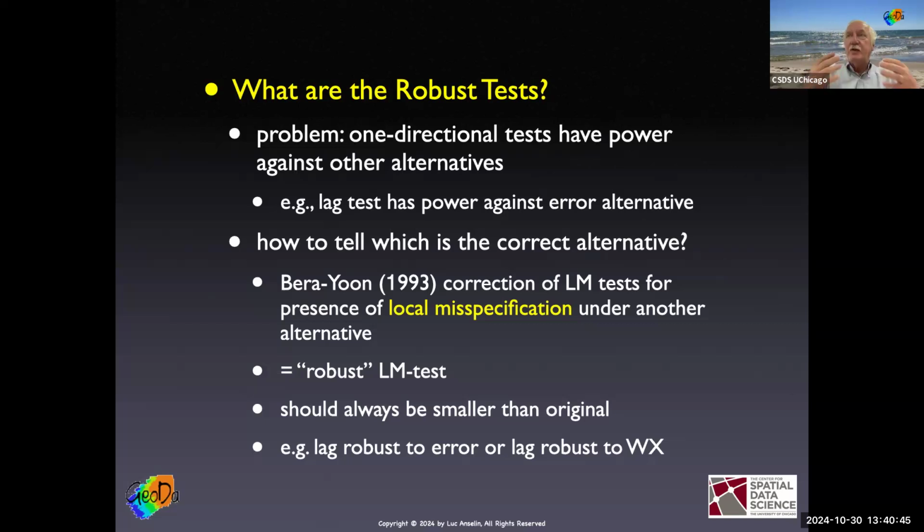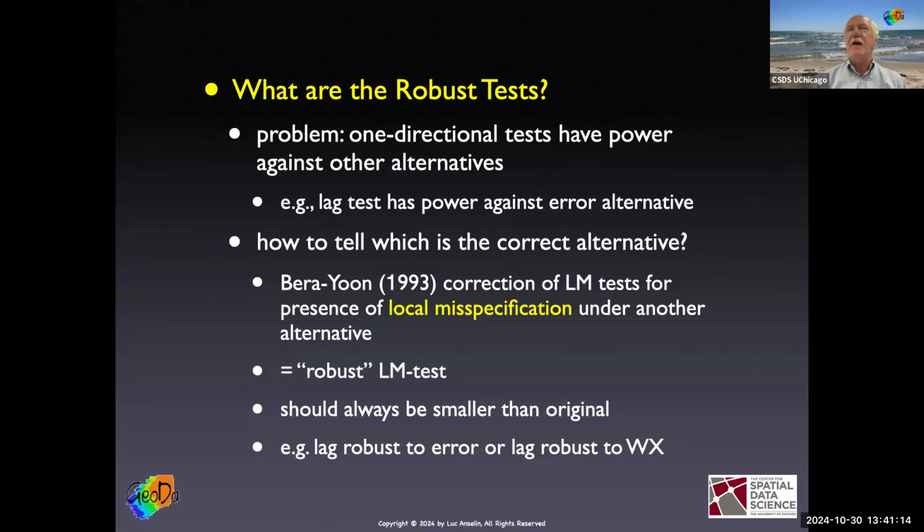So you take the test for lag and you get a value, say 8, right? And you take out a little bit of what of this 8 might be due to error instead of lag. So then the 8 becomes 6. Then the question is, is the 6 still significant? And if it is, then you conclude, it has to be a lag, right? That's the idea.